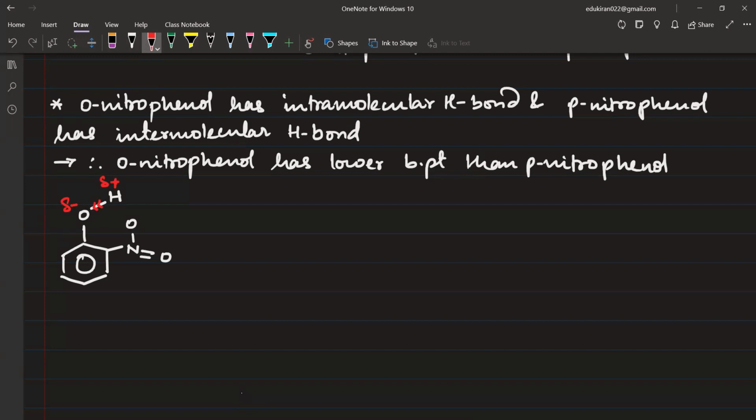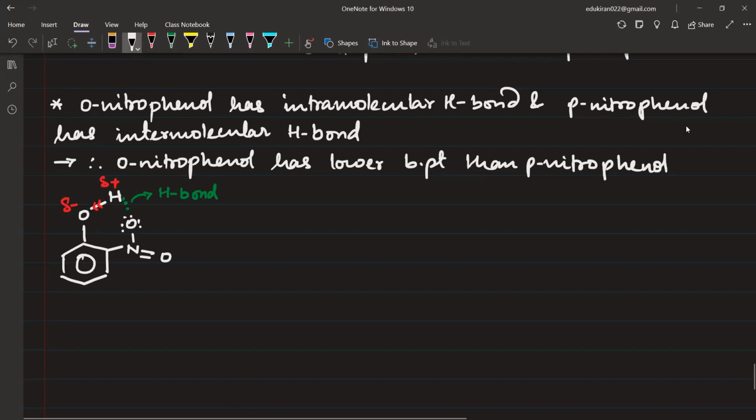Similarly, this oxygen atom will have lone pair electrons, and because of the lone pair electrons and delta positive here, there will be attraction. Lone pair electrons are negatively charged. Hydrogen is positively charged. Now this is hydrogen bond, and hydrogen bond is formed within one molecule itself. Now let us look at the p-nitrophenol.